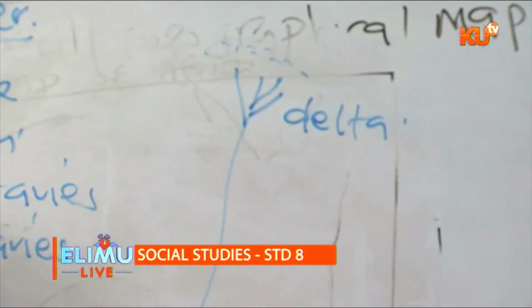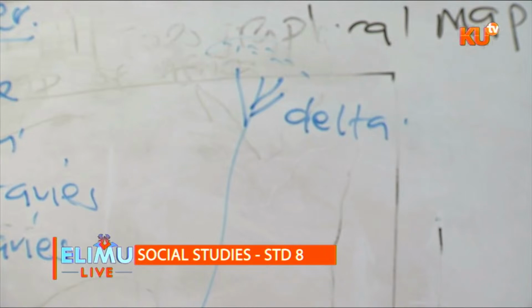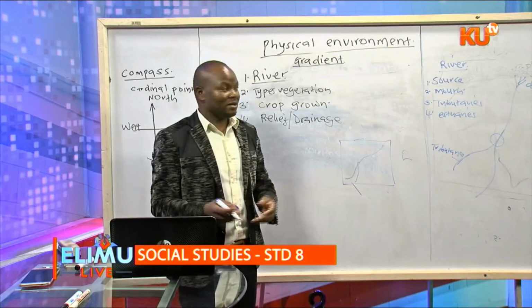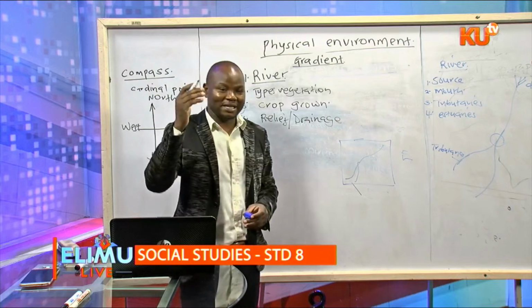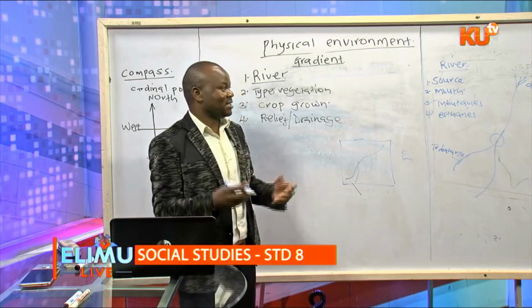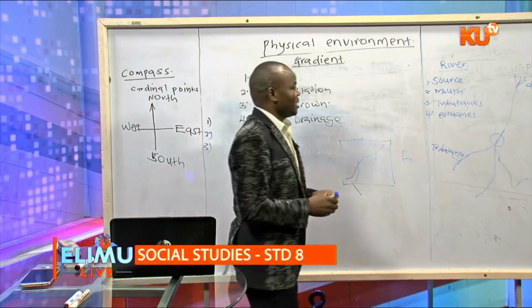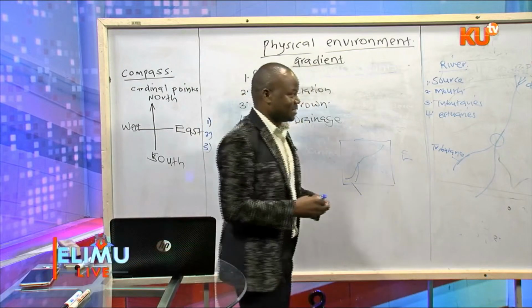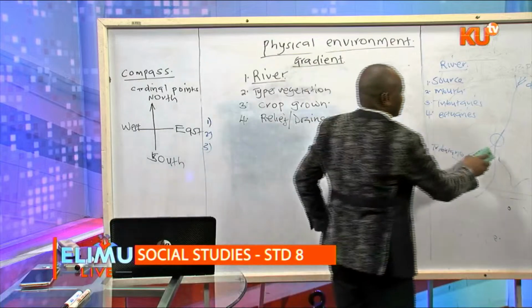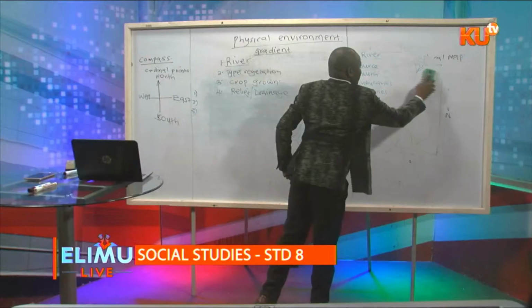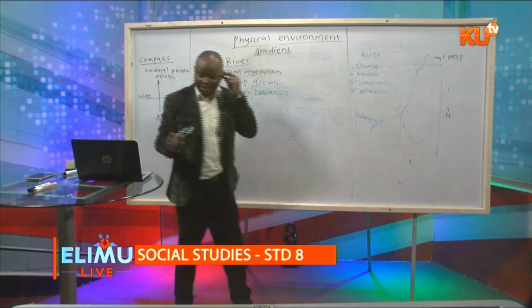And examples in Kenya, here we have the Tana Delta. Of course, that is the best in Kenya. We also have the Nile Delta and some other deltas in Africa. The Niger Delta, which is one of the largest deltas. So this is an example of what a river entails.